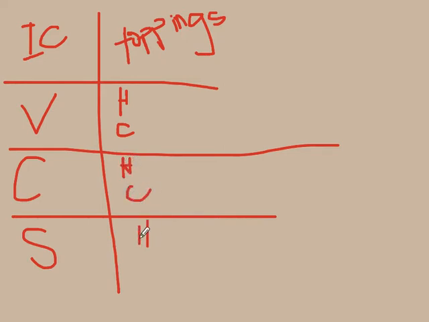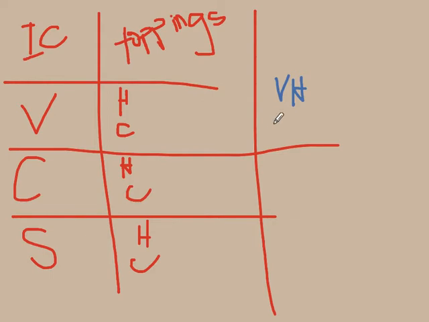So your possible combinations are, you can have vanilla and hot fudge, vanilla and caramel, chocolate and hot fudge, chocolate and caramel, and we have strawberry hot fudge and strawberry caramel.